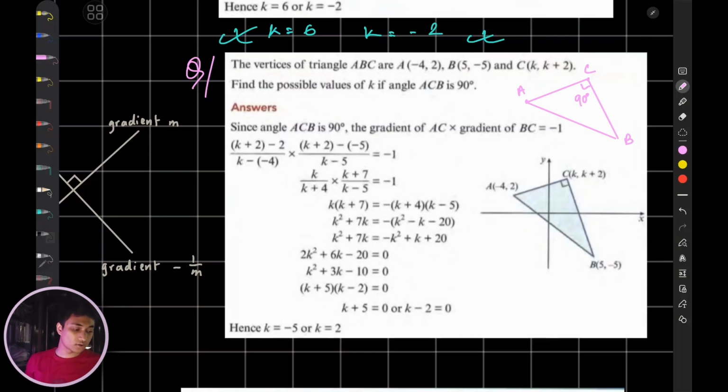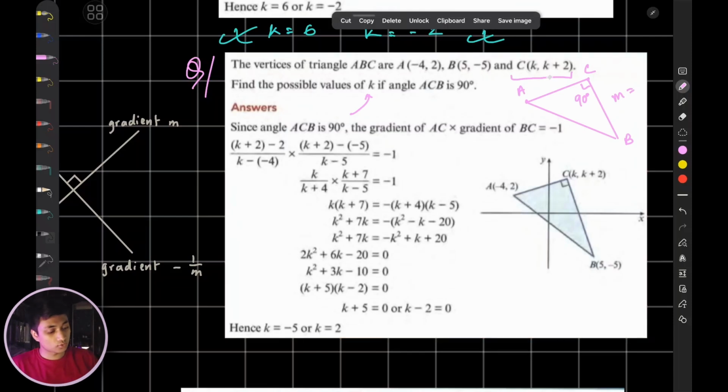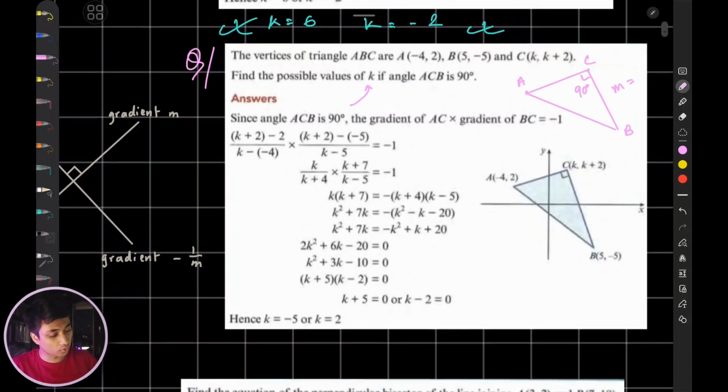So over here, you know that the gradient of CB should be the negative reciprocal of the gradient of AC. Now notice they're asking you to find the unknown k. And where is the unknown given? It is in the coordinate of C, right? Fair enough. So I can figure out the gradient of AC and the gradient of CB.